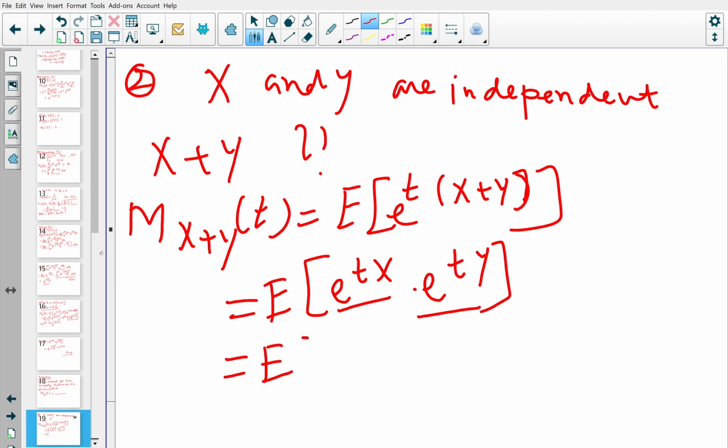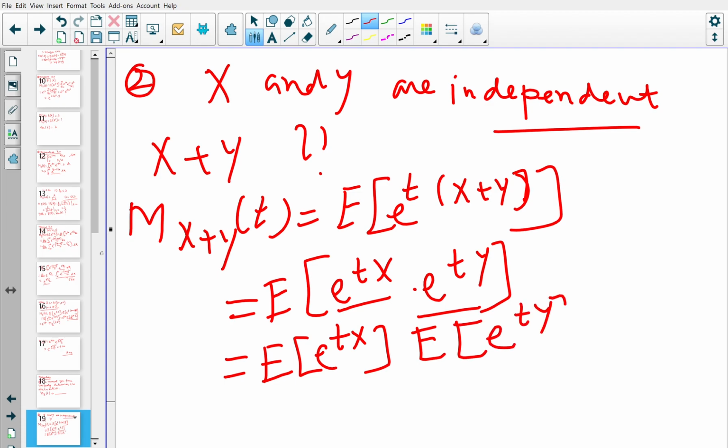So it is nothing but expectation of e power tX, and I am using the independence here, times expectation of e power tY. Okay, and we already know this is nothing but the moment generating function of X, and this is the moment generating function of Y.